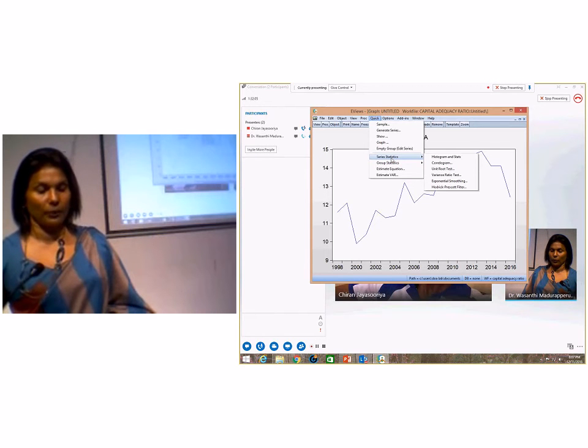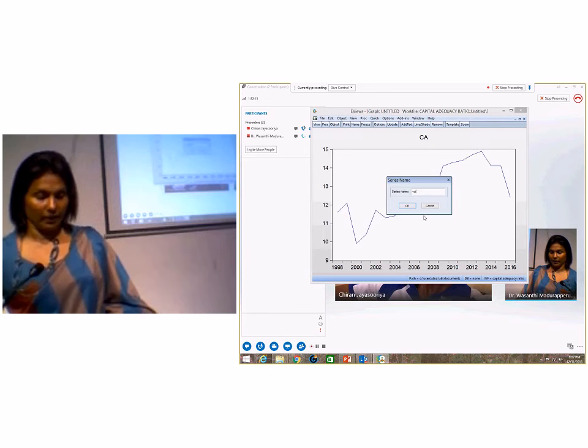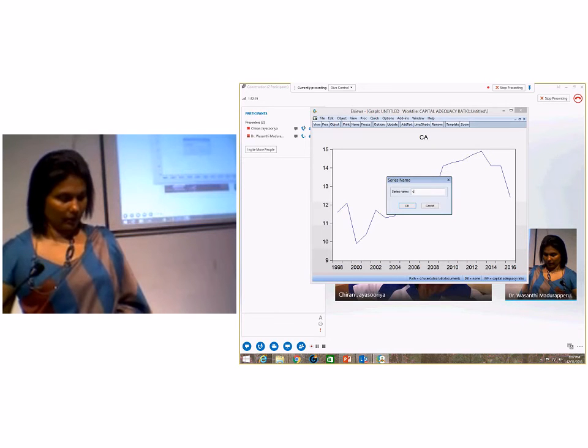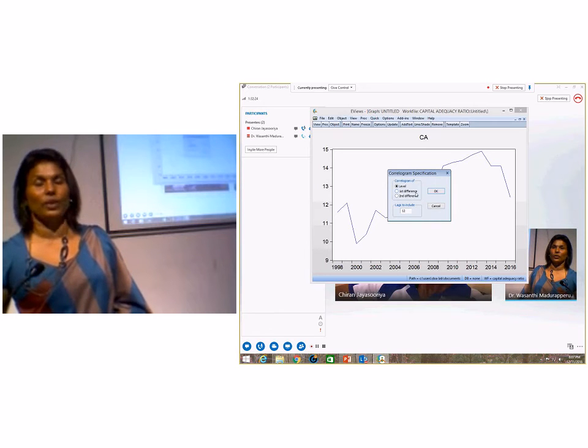Then go to the group statistics, correlogram. Then the variable is CA. Then click OK. First go to the levels.